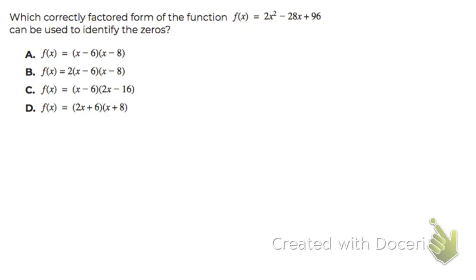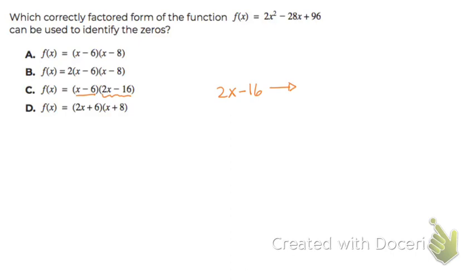When you're factoring, it's important that it's fully factored, that those parts that you're breaking it down into, that you're going to multiply together, can't be broken down any further. So for example, if we look at option C, I see x minus 6. There's nothing else I can factor. I can't break that down further. But 2x minus 16, I can. If I think, what can I divide 2x and 16 both by?